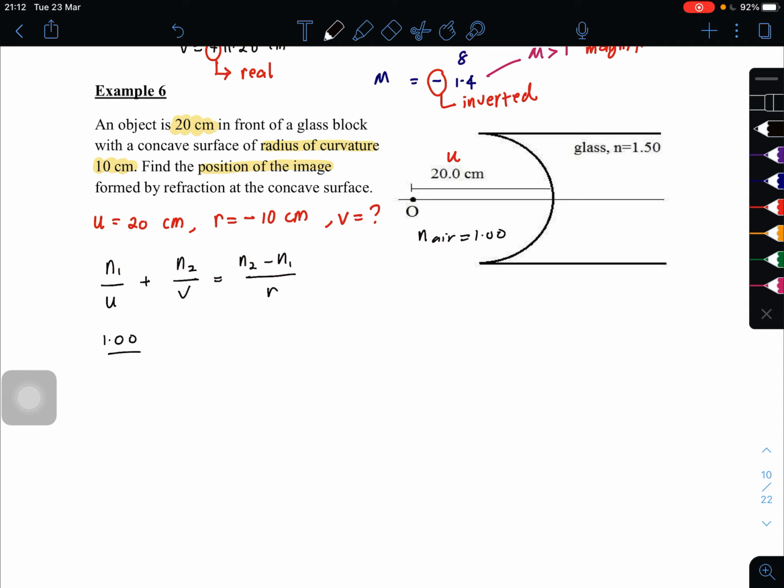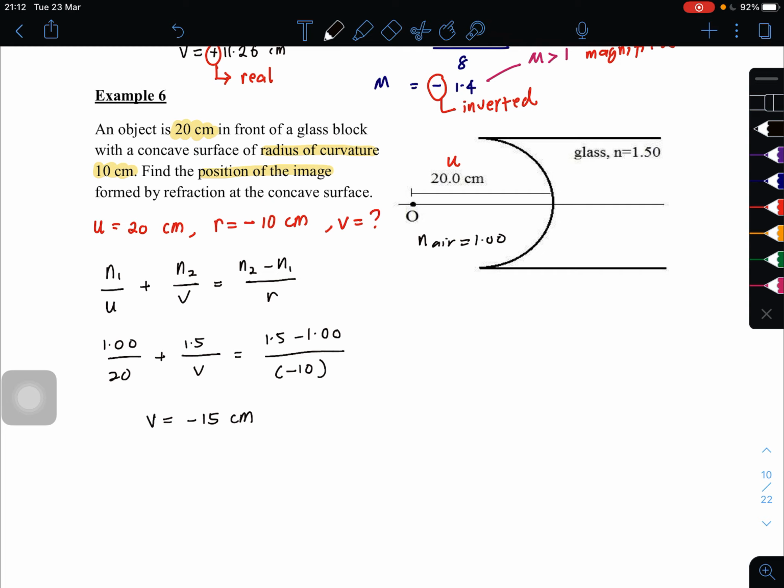So masukkan 20 plus n2 adalah 1.5 divided by the v is what we want, equal to n2 1.5 minus 1 divided by negative 10. So v you will get negative 15 cm.